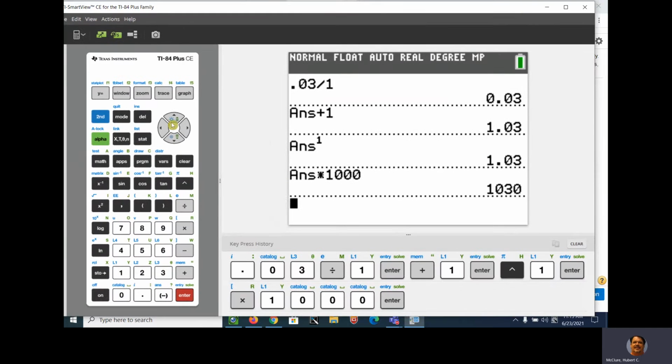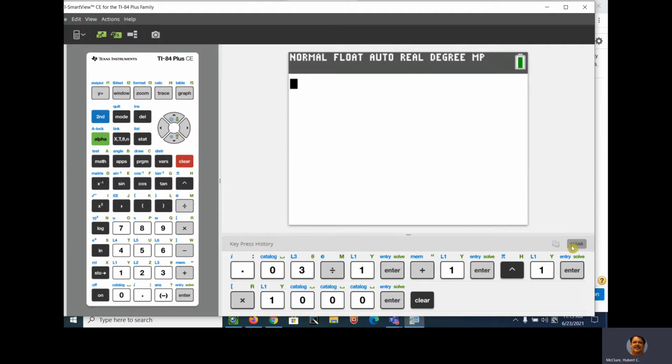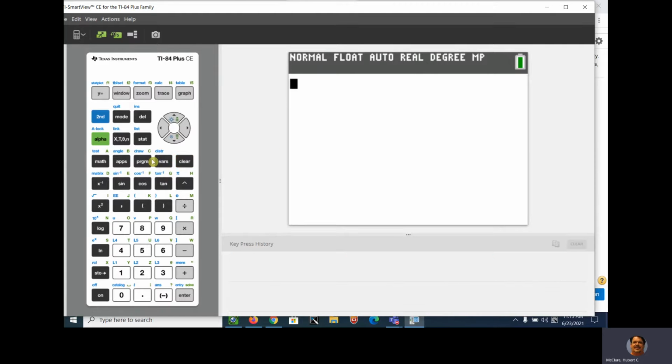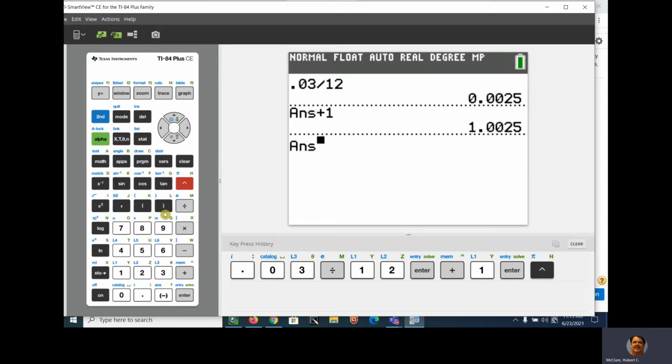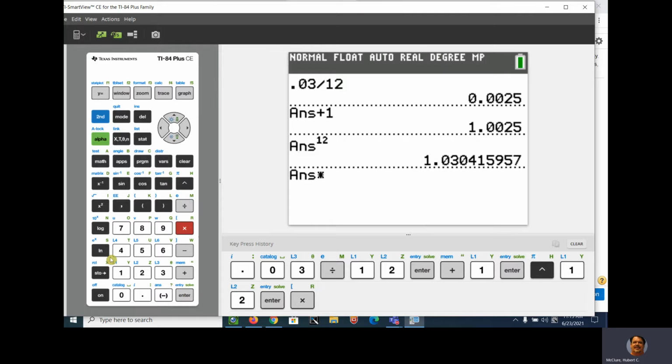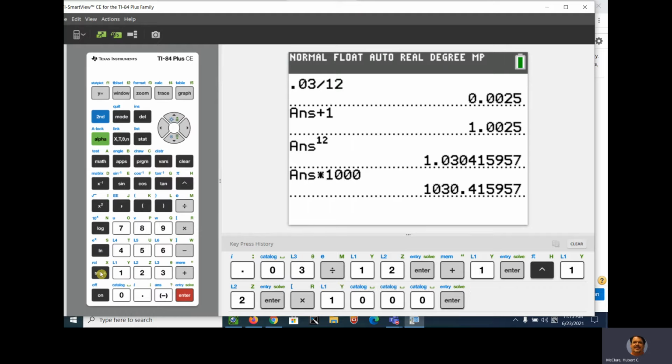So that's going to be 0.03 divided by 12 plus 1, raised to the 12 times 1, which is 12, and then multiply that by 1,000. And you made 42 more cents with Plan B.